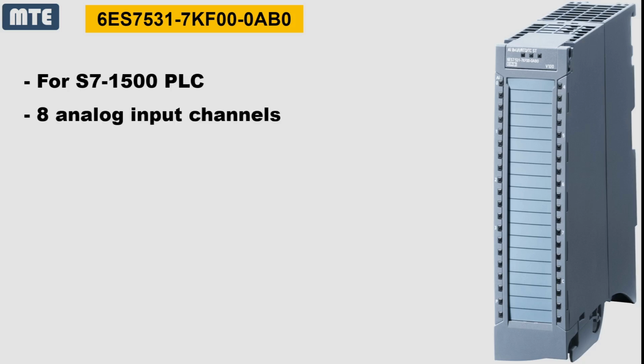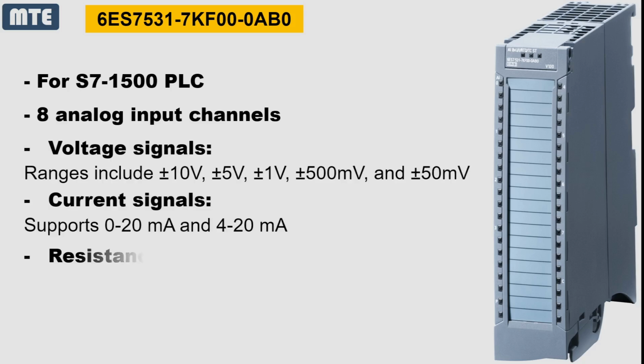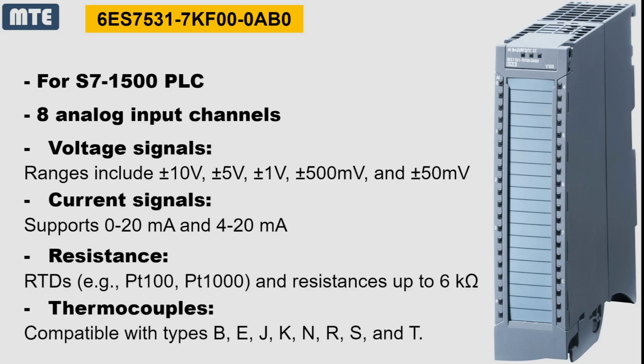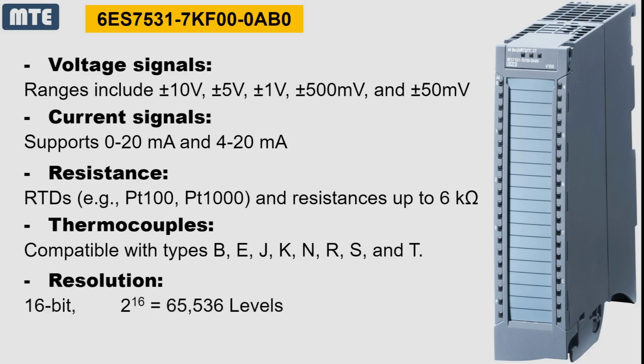The module has 8 analog input channels capable of measuring voltage signals, current signals, resistance, and thermocouples. The module provides 16-bit resolution, meaning it divides the input range into 65,536 distinct levels. This ensures highly precise readings.